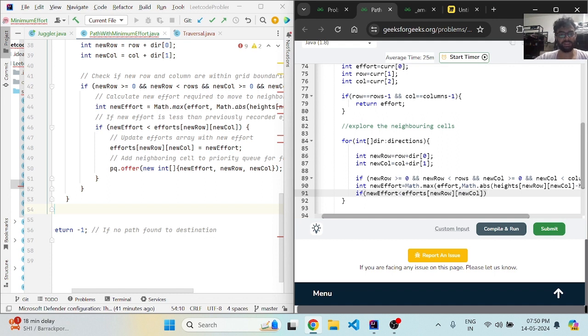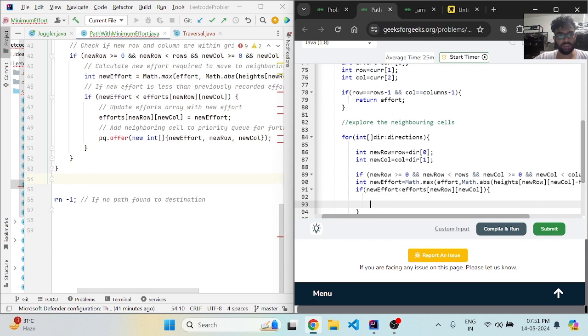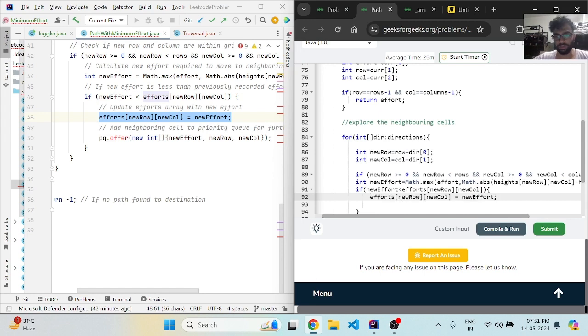Once the if condition is done, in this if condition we have to update the efforts array with the new efforts. So update the effort array with new efforts.